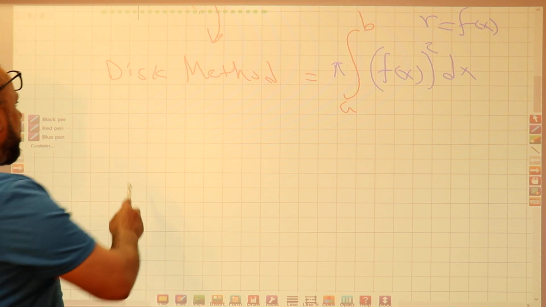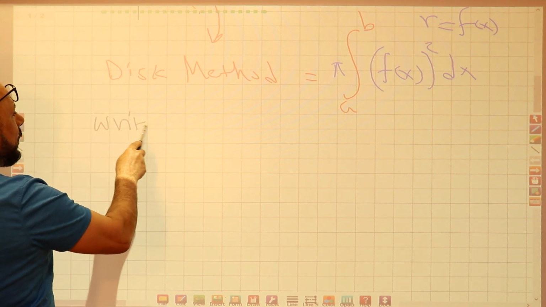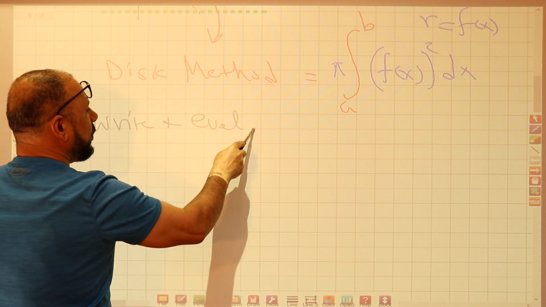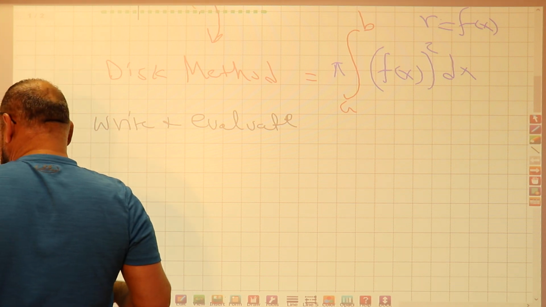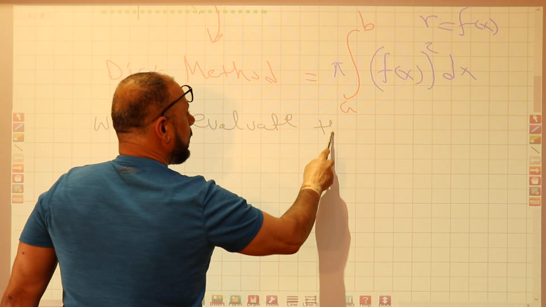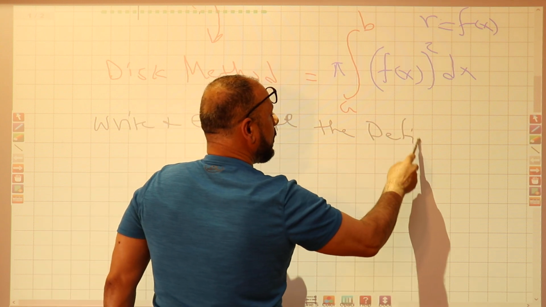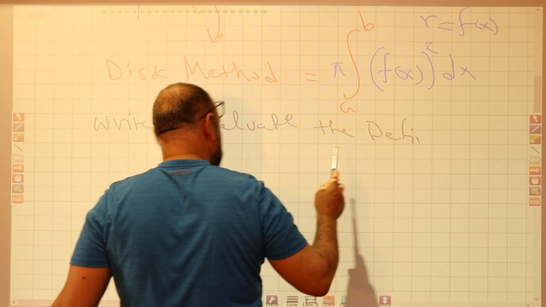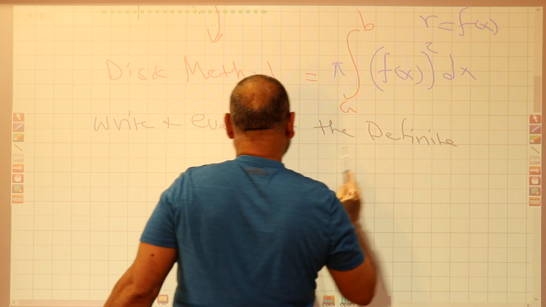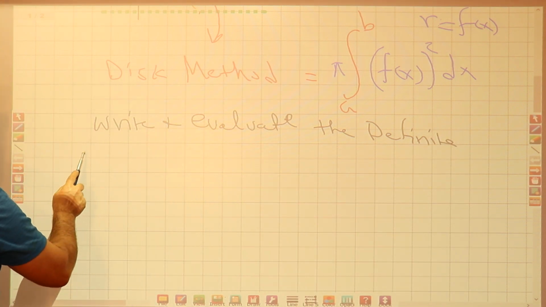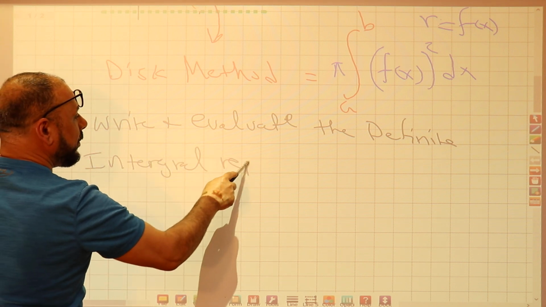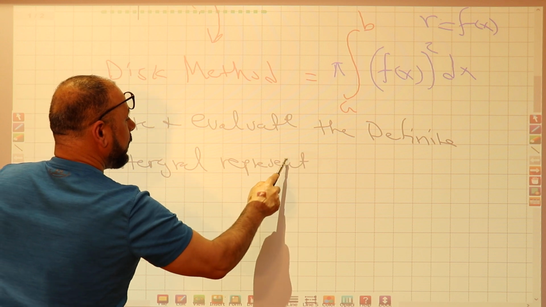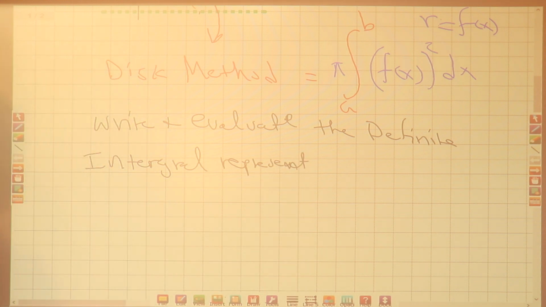Let us write and evaluate. Write and evaluate the definite integral. What does it represent? The volume of the solid.